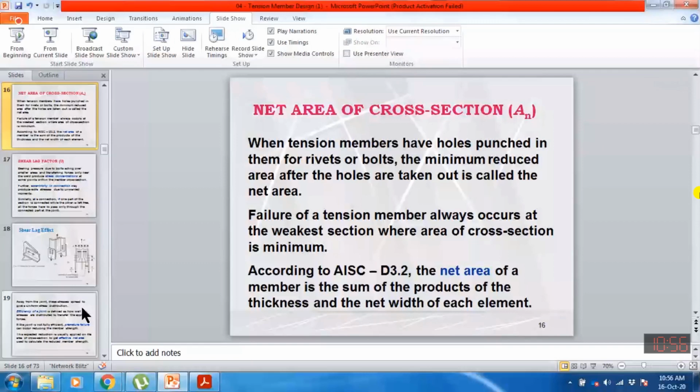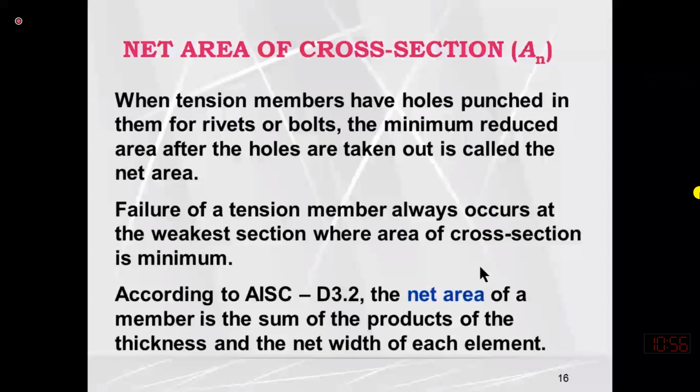And failure of a tension member always occurs at the weakest section where the area of cross section is minimum. So throughout the length, we have to check where the net area is minimum, because rupture will always occur at a point where we have punched a larger hole. The cross section matters, not the area along the length, because when we apply the tensile load, the breaking area is perpendicular to the length.